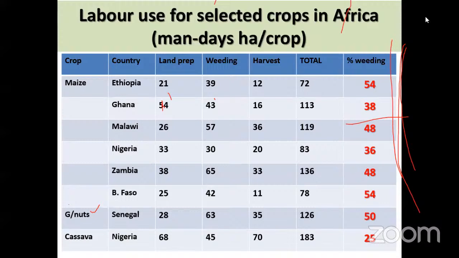And if you go down the column, you notice that the lowest is probably cassava, where it's only 25% of the time. But even this 25% is still a high amount of time spent. So because of that, you will have people shying away from getting big pieces of land for crop production.